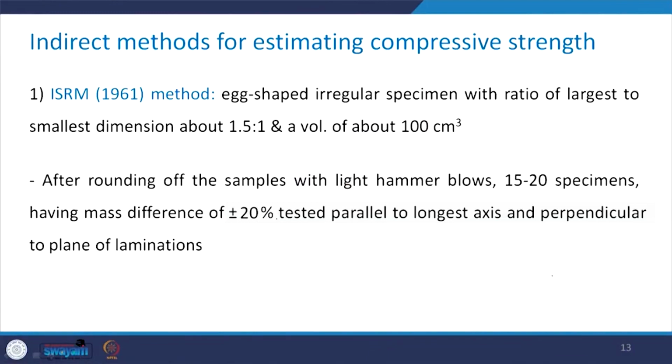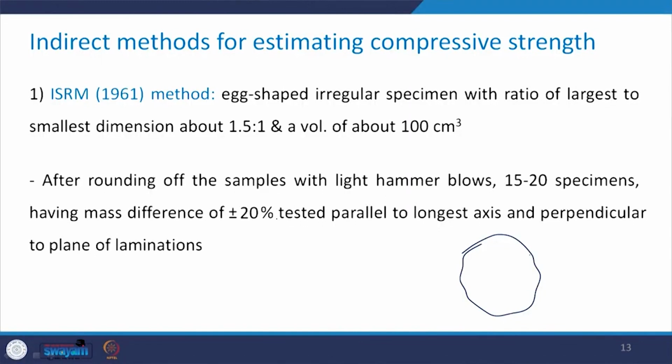Now, on one side we say it is the egg shaped irregular specimen, and on the other side we are saying it is an irregular specimen. So you see there are two things, irregular and egg shaped. What we do here is make this egg shaped irregular specimen. The specimen can be like this.